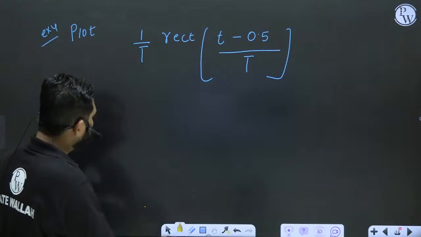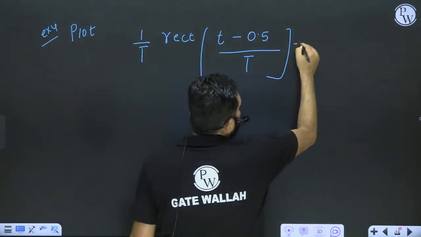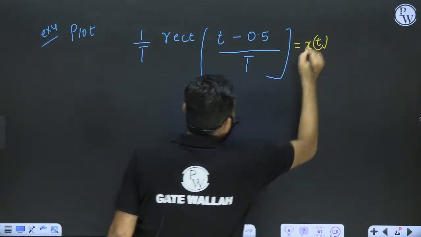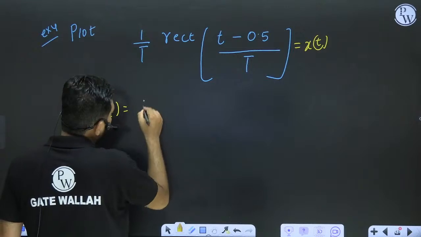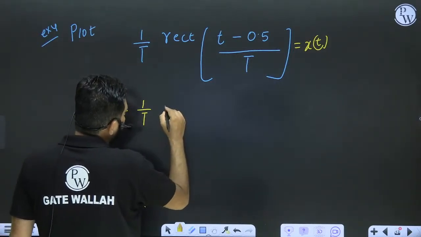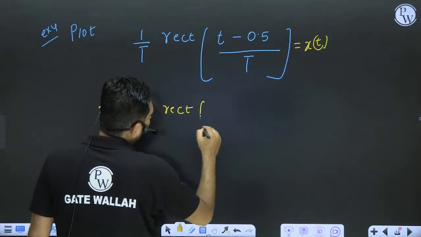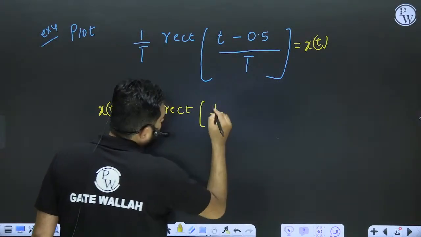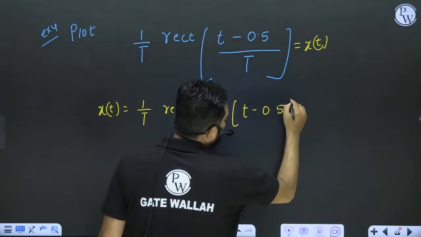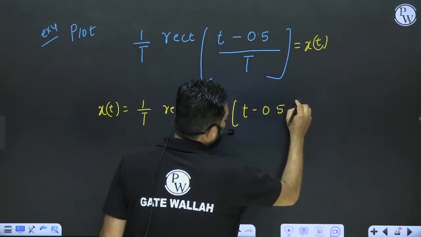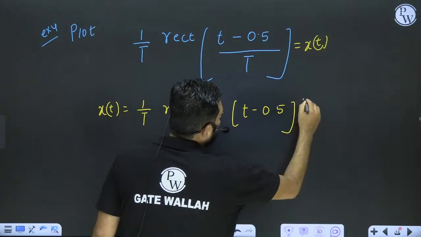See, this function, let's call it x of t. You can write x of t equal to 1 by T rect, with 1 by T common, (t minus 0.5 T). I will write it like this.